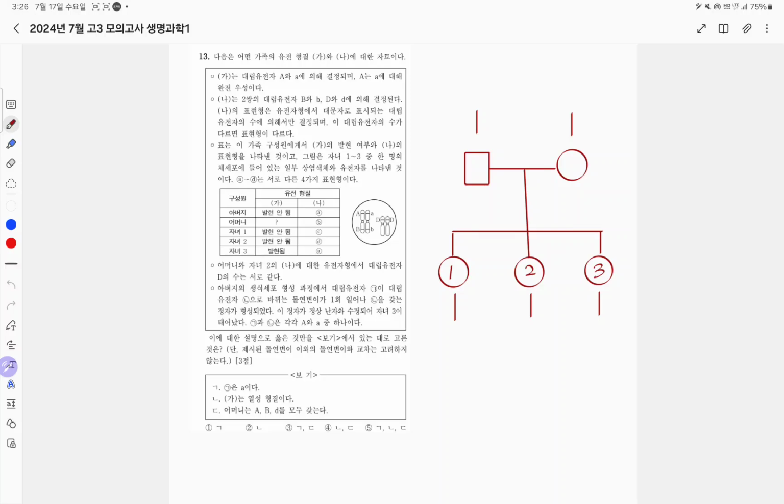Hello everyone. In this problem, there is a family with two traits. The first trait is determined by gene A, and the capital A allele is dominant over the lowercase a allele.